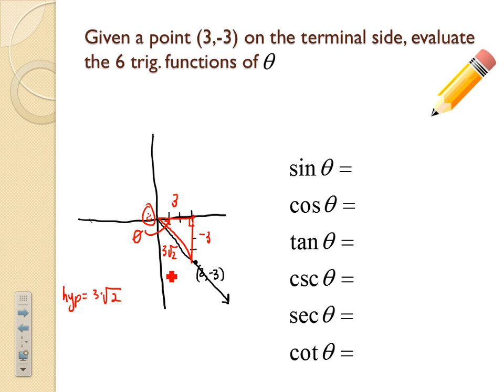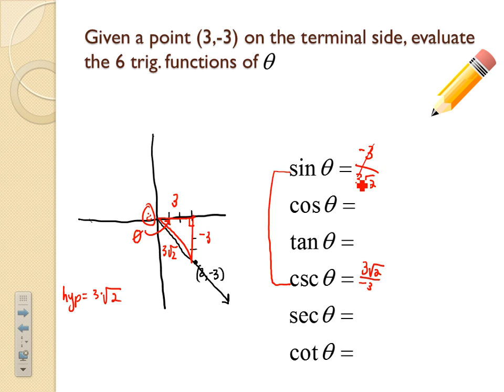All right, so now I can do sine. Sine is opposite, which is -3 over 3 square roots of 2. Before I rationalize that denominator, I'm going to go ahead and make my cosecant, because that is the inverse, which is 3 square roots of 2 over -3. And now I'm going to go ahead and reduce and simplify this and get rid of that radical on the bottom.